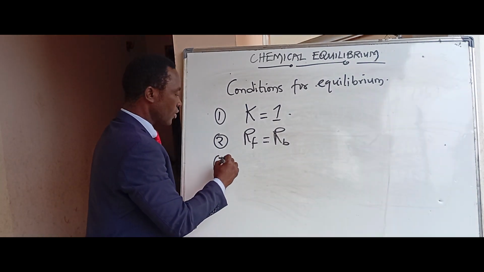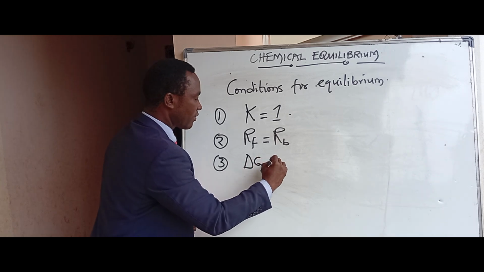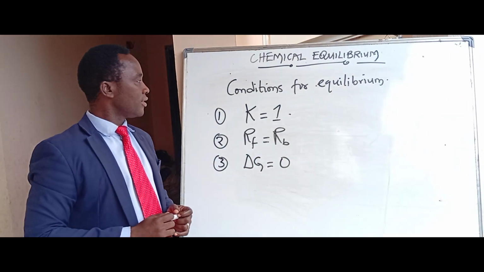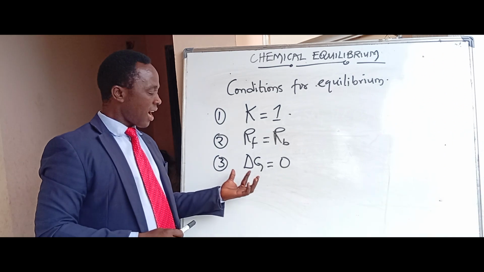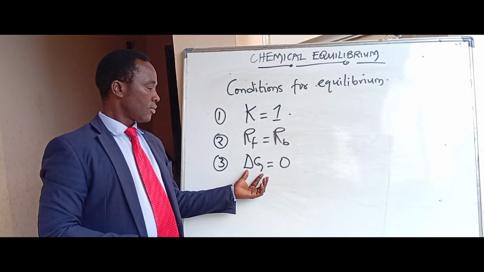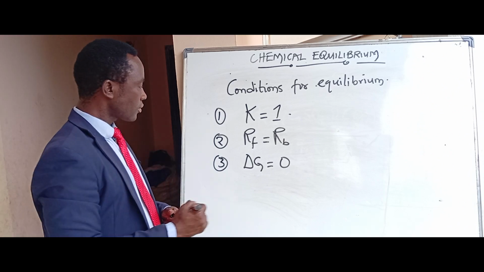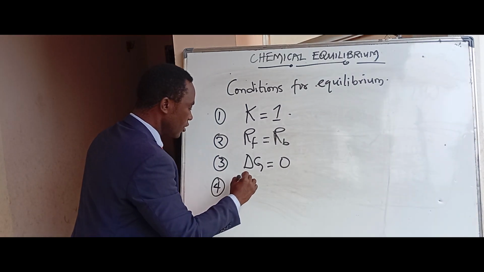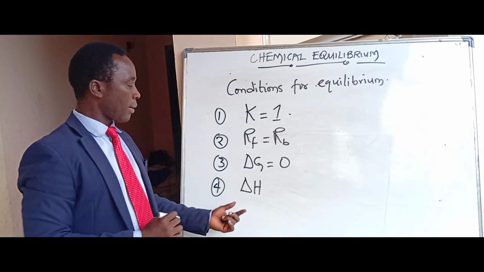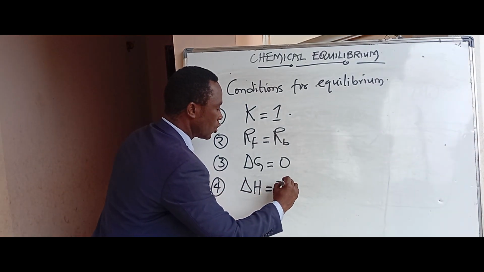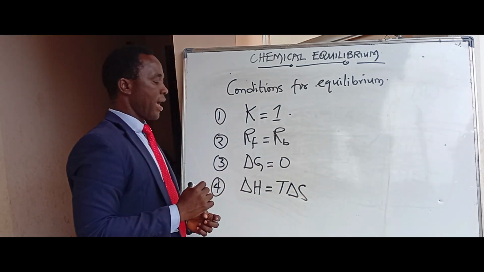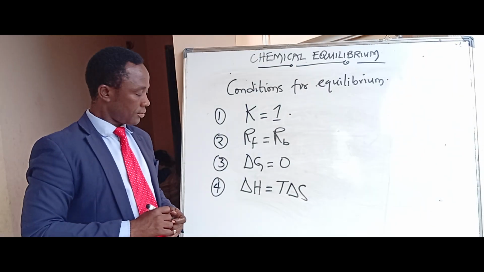Number 3, the change in Gibbs free energy of that reaction must be 0. Any reaction that is in equilibrium must have its change in Gibbs free energy equal to 0. Number 4, the change in enthalpy of the reaction must be equal to the absolute temperature multiplied by the change in entropy of the reaction.